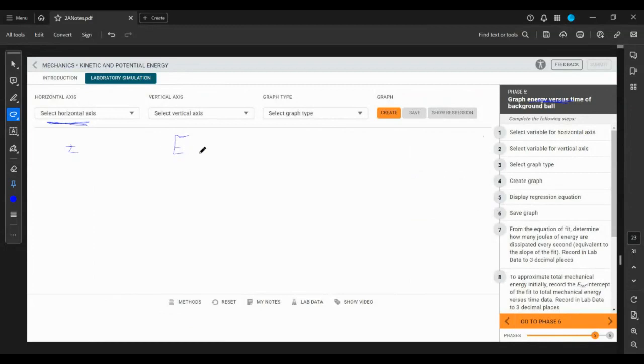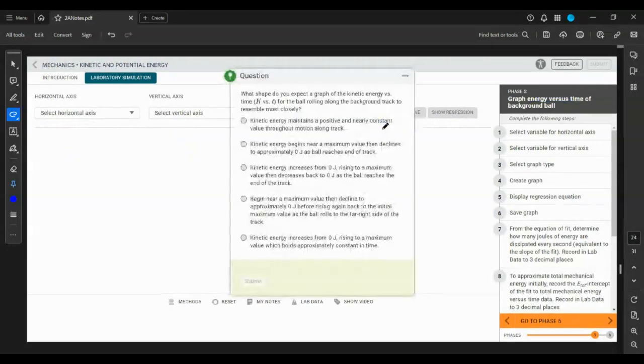So we want to make sure we're picking the one that says energy and not position or velocity. Then for the graph type, typically we want a scatter plot so that it takes our different data points and throws them on a graph, and then we will create the graph, show regression, and then save so that it will be recorded.